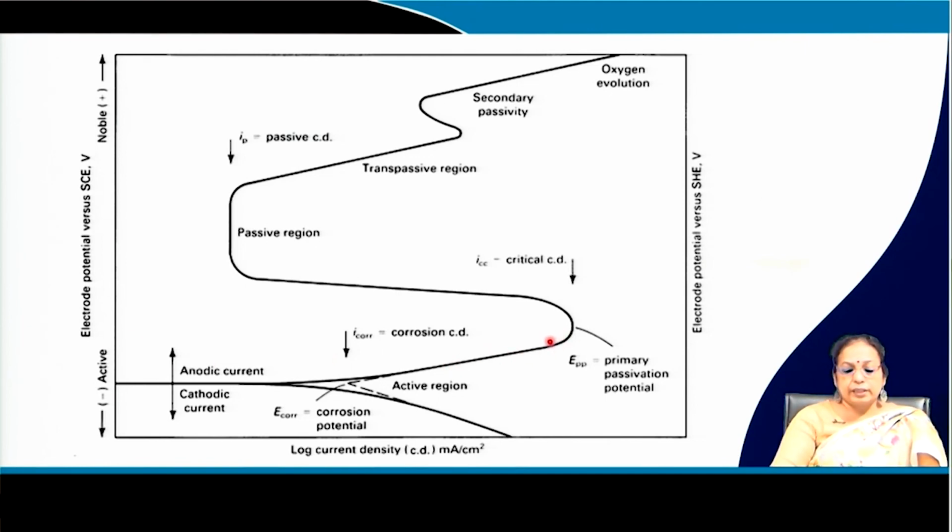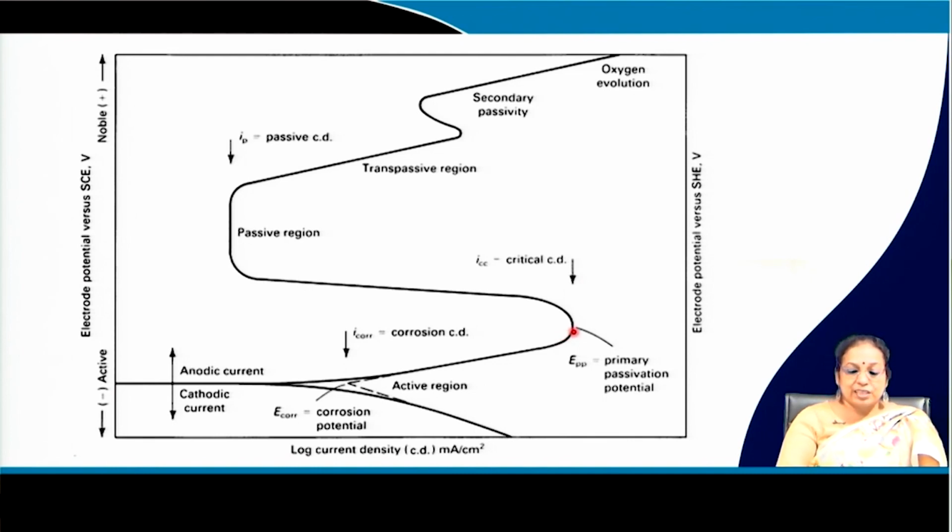But on the other hand, if you take the kind of metal which forms a passive layer on the surface, like the case of stainless steel, AISI 304 stainless steel or titanium, you will find that as soon as the surface is covered with the oxide film, the surface gets passivated. Passivated means it becomes highly neutral, or the scale becomes highly protective in that environment.